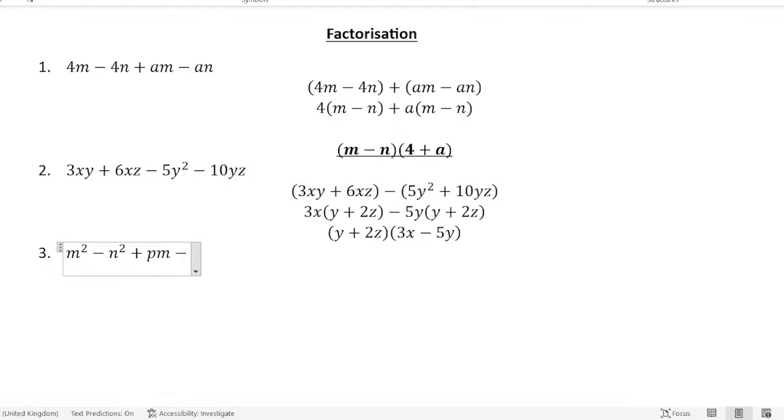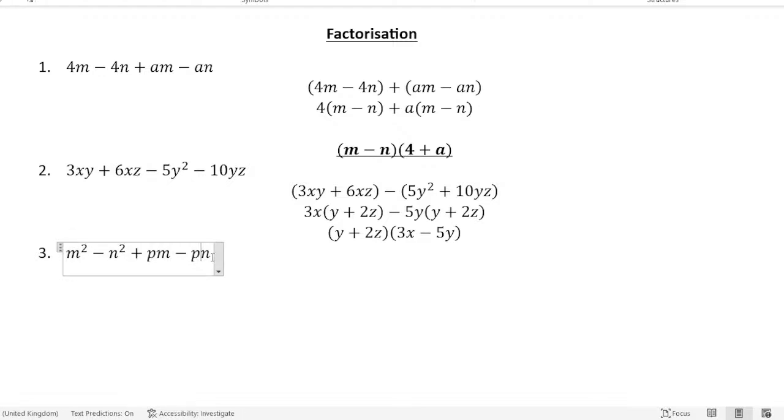All right, so what I want you to do is factorize this expression fully. So we have m squared minus n squared plus pm minus pn.